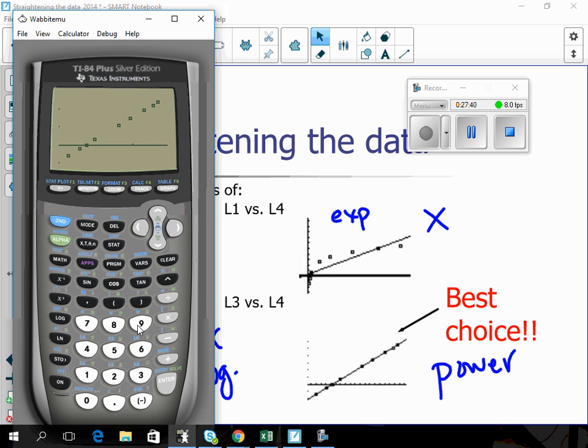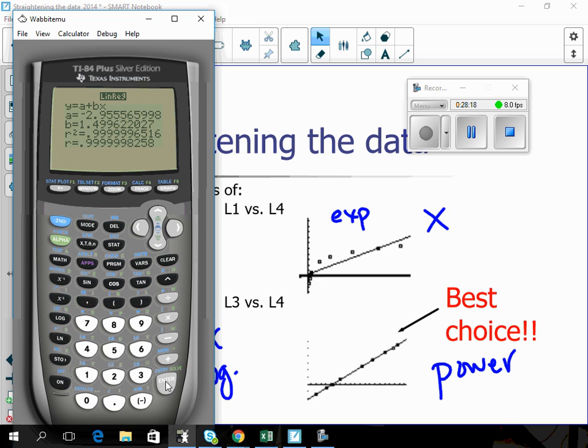If I went ahead and found this line of best fit, stat calc, it's list 4 versus list 3, that's exactly right. And we're going to calculate. Notice what we get with the correlation this time. Even stronger, right?